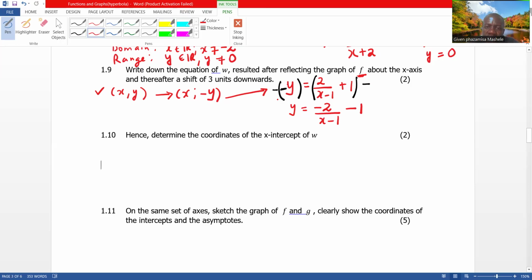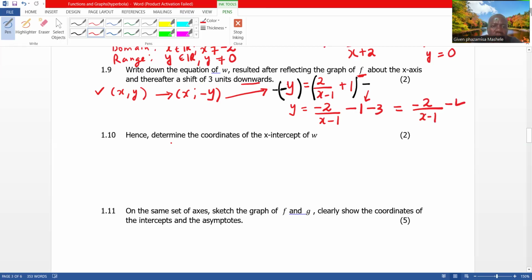Then again, after this, there must be a shifting. We shift 3 units down. Obviously, 3 units downwards will affect the q. So from here, we reduce this by 3 because it's downwards. So the equation now will be negative 2 over x minus 1 minus 4.